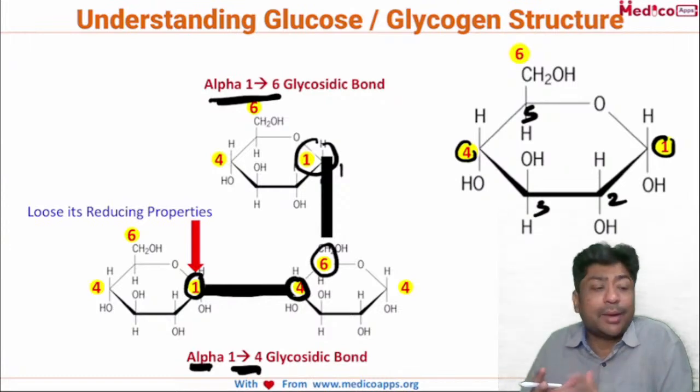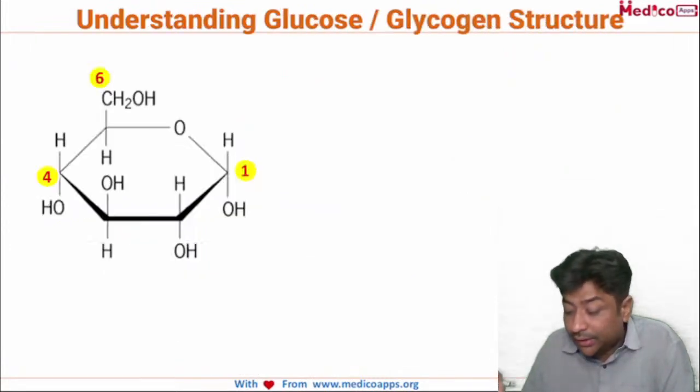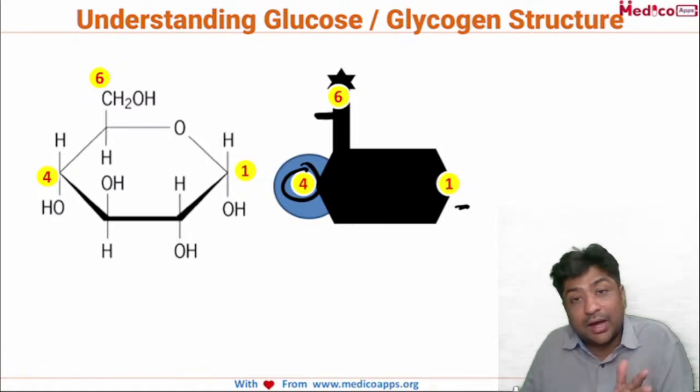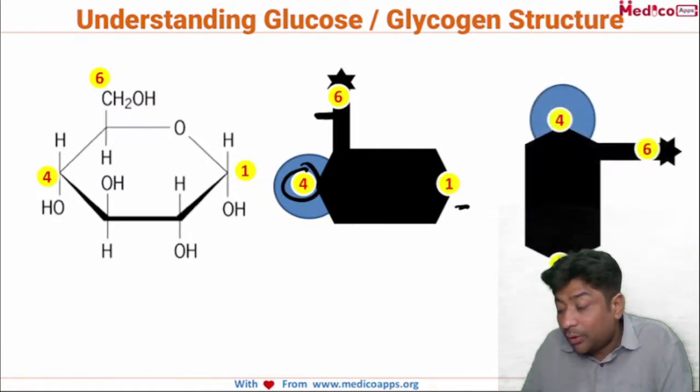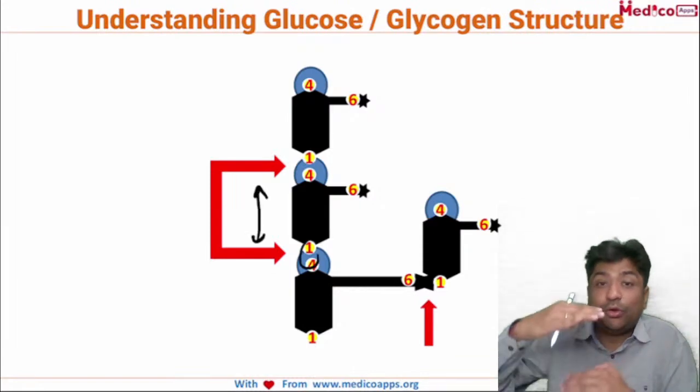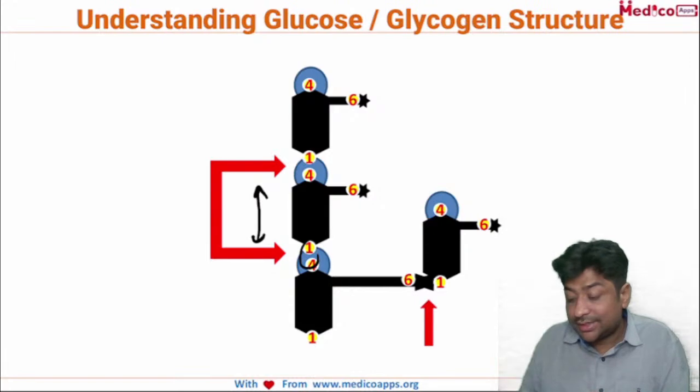Let me give you a diagrammatic explanation so that you are more clear. So this is your glucose. Let's convert it into a man. So 4 is the head, 1 is the leg, and 6 is the arm. If we rotate it, this is how it will be. When I talk about the 1,4 bond, it is like one glucose standing on the top of another.